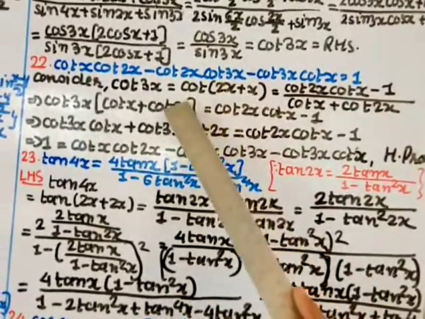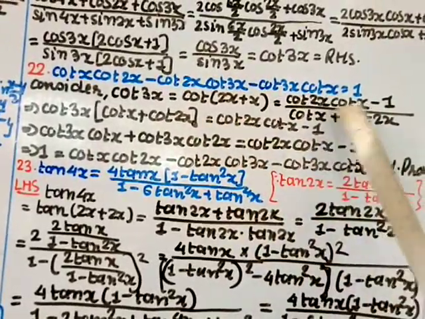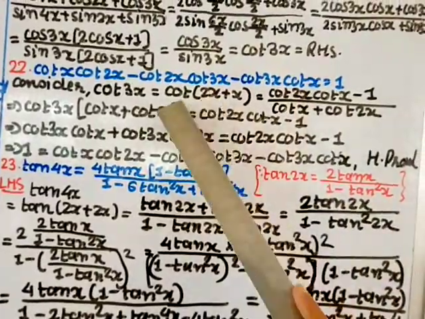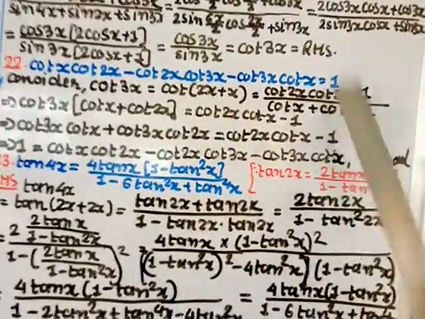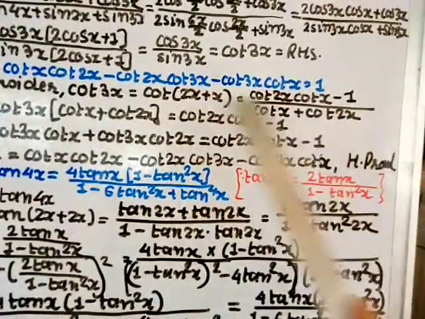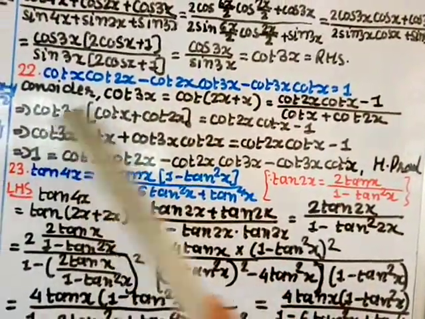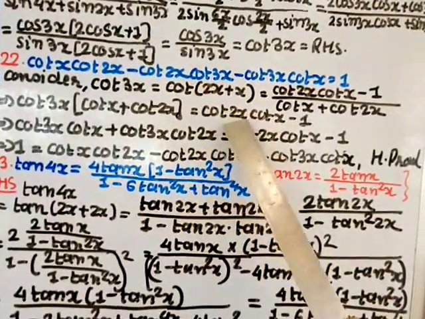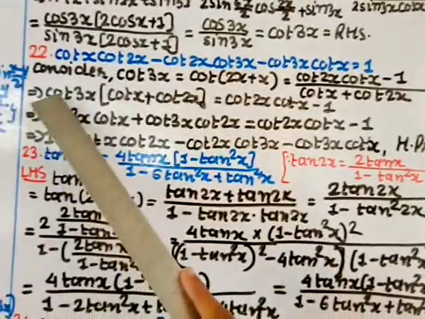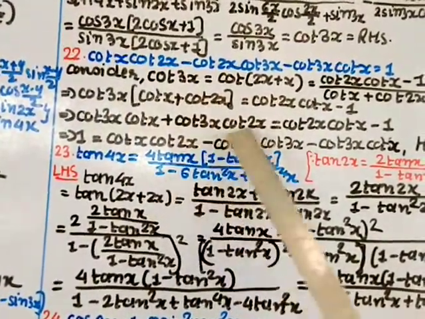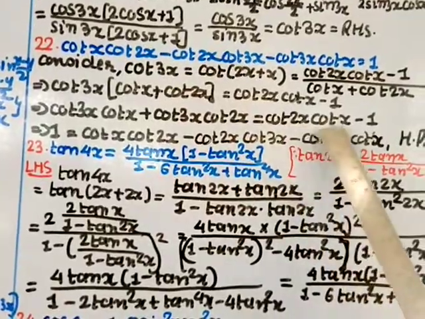So I will directly use here cot 2x cot x minus 1 divided by cot x plus cot 2x. Now cot 3x is there and this one is there, so this denominator you transfer and multiply with this. So cot 3x into cot x plus cot 2x equals cot 2x cot x minus 1.